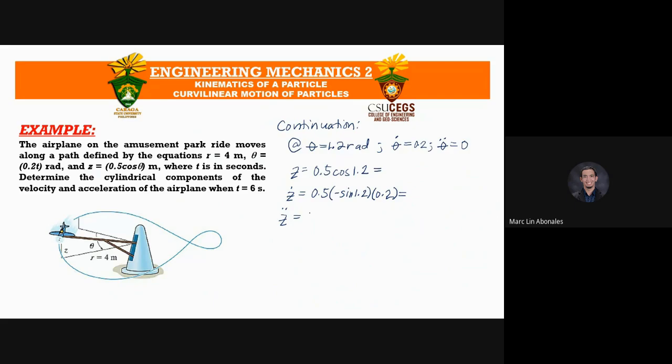So, negative 0.5 times 0 minus 0.5 times cosine 1.2 times 0.2 squared.